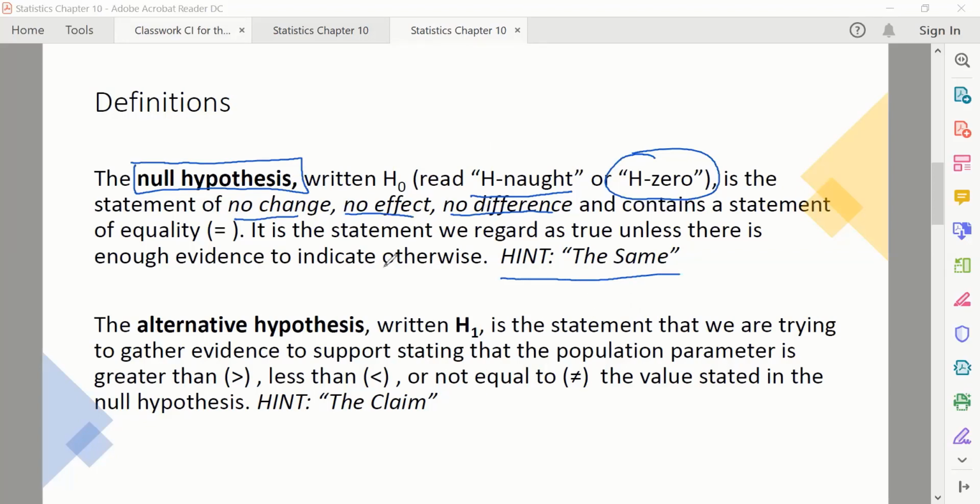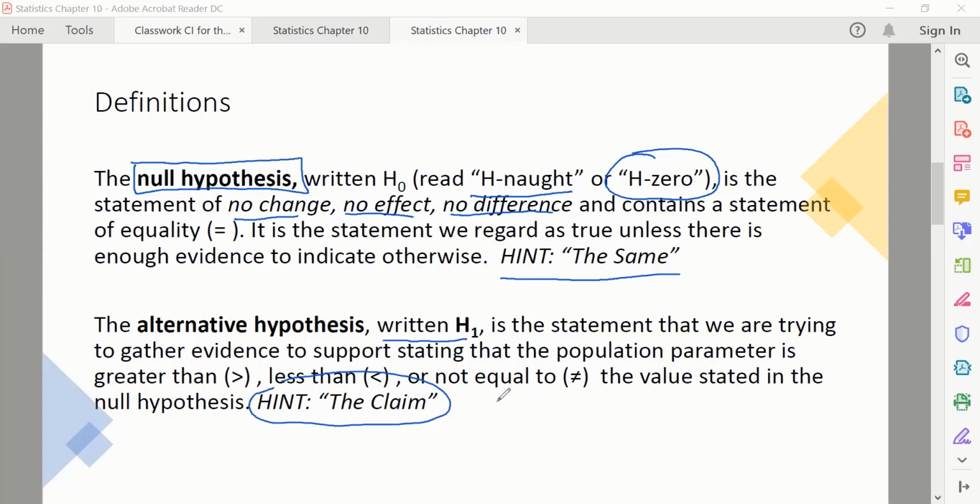Everything's the same. The alternative hypothesis is written H1, and it's the statement we're trying to gather the evidence to support, saying the population parameter is greater than, less than, or not equal to the value stated in the null hypothesis. I call this the claim. So you have the same and the claim.